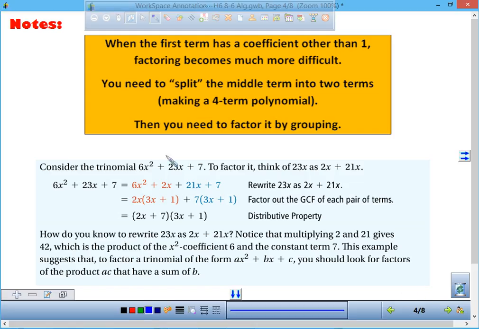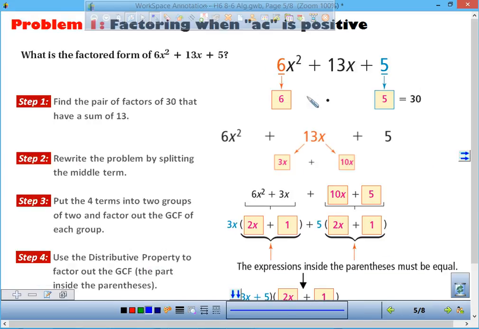Okay, so when the first term is not 1, there's a couple of little extra steps that we're going to go through. So if we look at this first one, you start by multiplying a times c. So I'm going to take a times c again, and that's going to equal 6 times 5, which is 30.